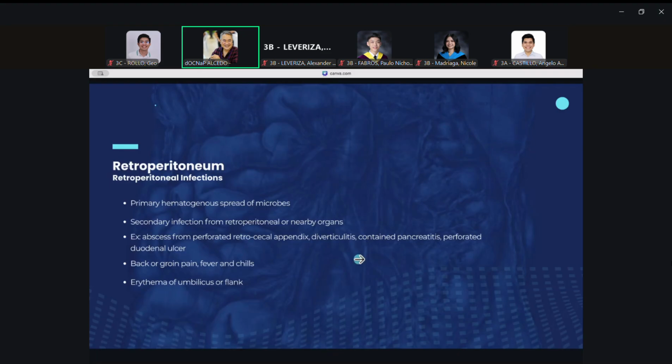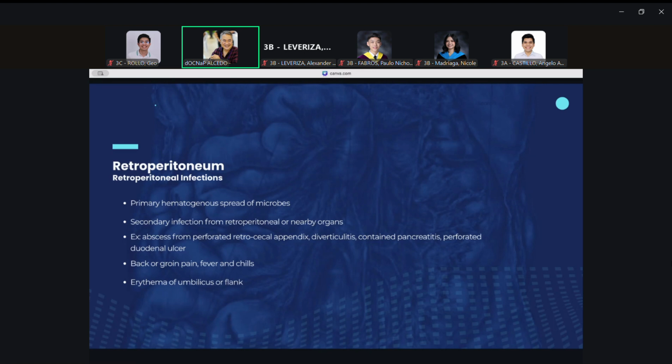Example is perforation of your retrocecal appendix, or diverticulitis in the right side of the colon, for example, because we know that your ascending colon does not have a peritoneal lining, or there is no visceral peritoneum lining the posterior wall of your ascending colon.